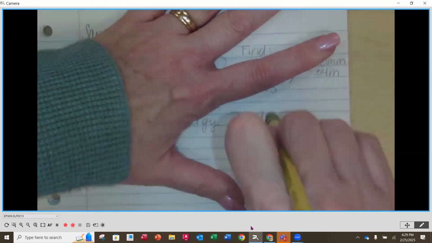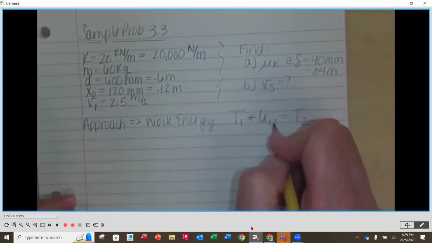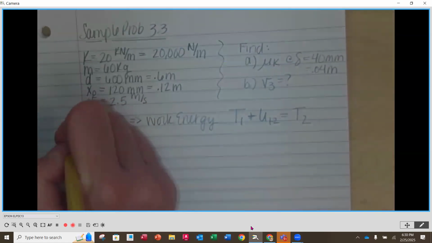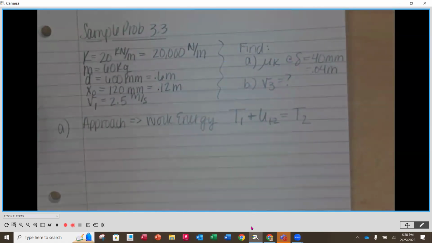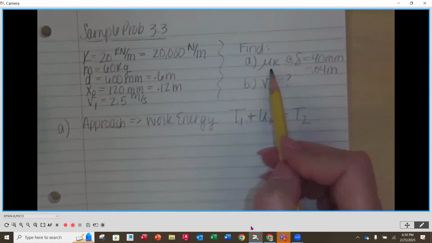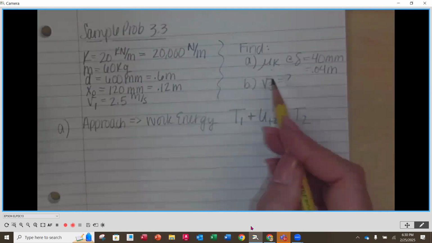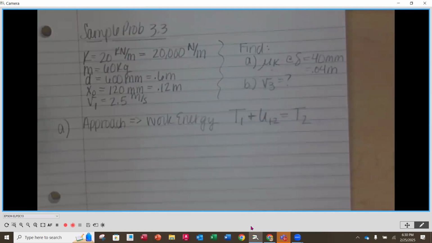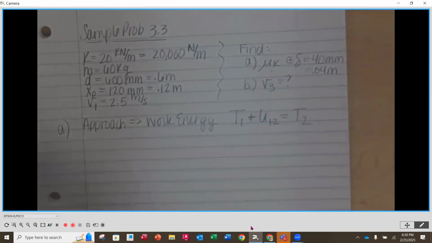Now this is for part A, where we're looking from position 1 to position 2, because that's where we're going to determine the coefficient of friction. Part B is going to be looking from 2 to 3, so we will be looking at that second section a little bit differently.